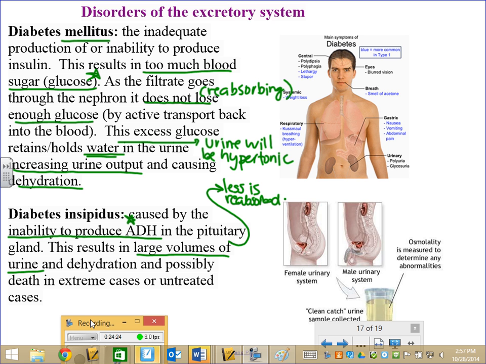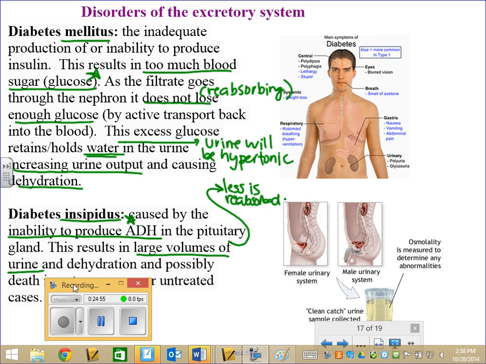Water will move through your nephron and keep some substances with it. So diabetes insipidus is directly related to ADH. Diabetes mellitus is related because the high blood sugar causes you to have high urine volume. You can see that in both cases, you would have high urine volume. And so that's a key characterizing symptom of diabetes.